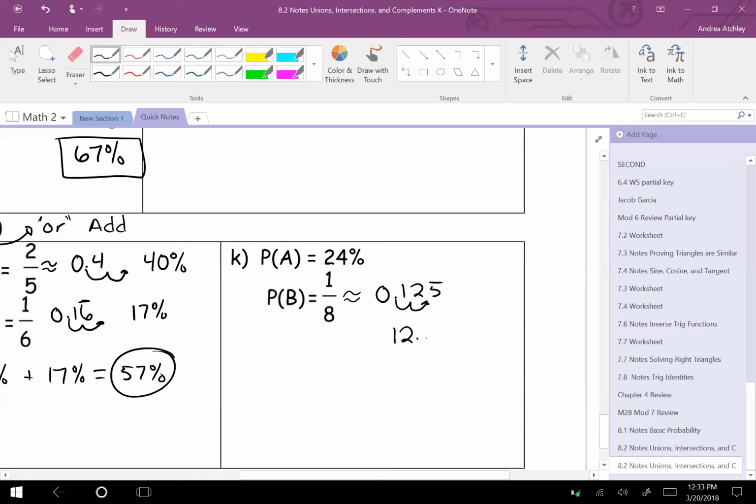I'm going to get 12.5%. If you rounded it to 13, it wouldn't be bad, but since it ends at 5, it's easy just to leave the 0.5. So I'm going to do 24% plus 12.5% will equal 36.5%. Any questions over that?